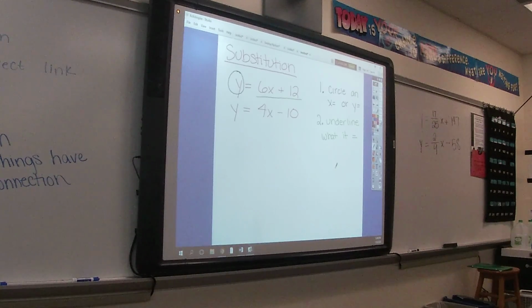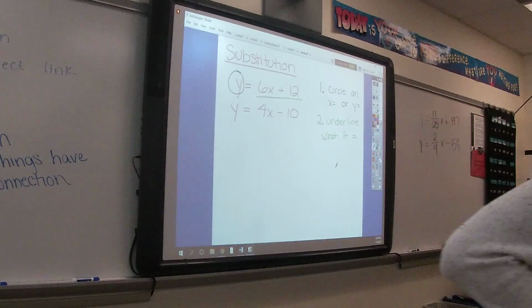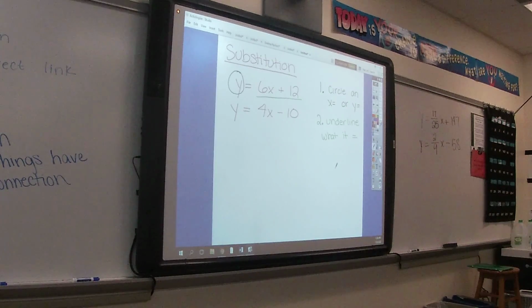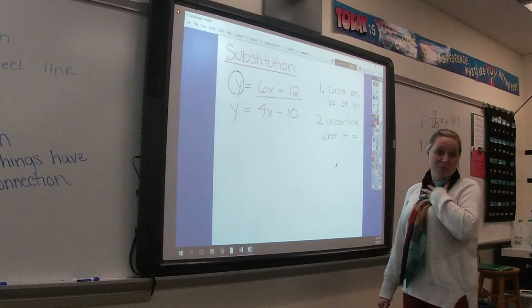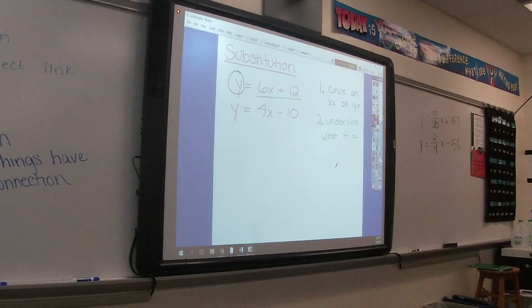Now, while I'm giving you these as visual cues, it's more important that we understand what this statement is. We said that an equal sign tells us that two things hold the same value. So if Claire has y amount of money, and I have 6x plus 12 amount of money, who has more money? It's the same. How do we know it's the same? Because there's an equal sign.